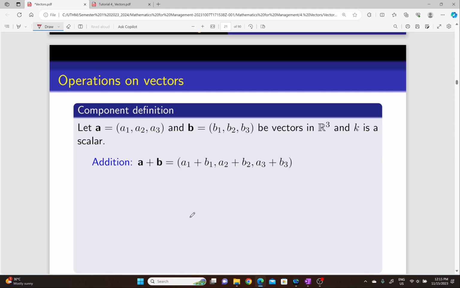Why we put vector in our syllabus is because after this we are going to go through matrices. Matrices is just an expansion of vector. Later on we will go through that. Why we need to learn matrices: later on, when you go to management science, you will come across another chapter there called Markov process, whereby you need to use the application of matrices.